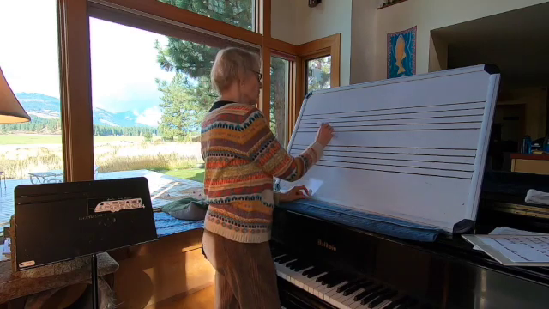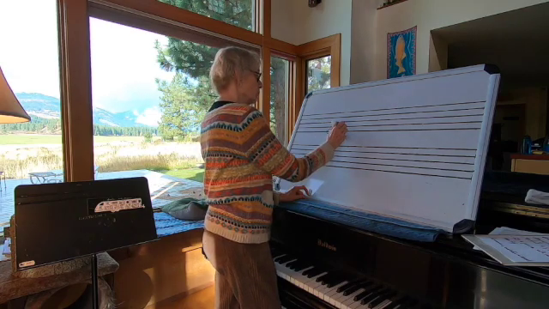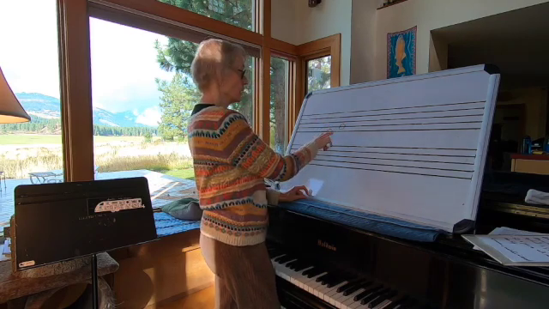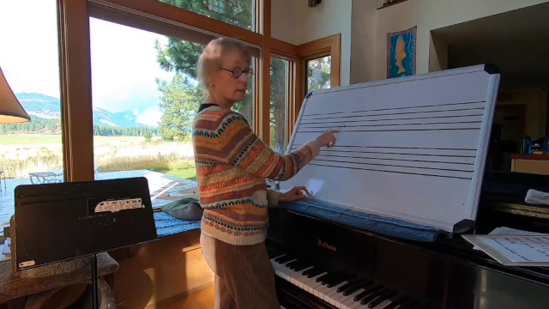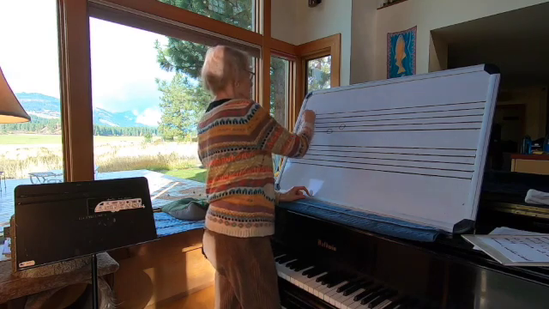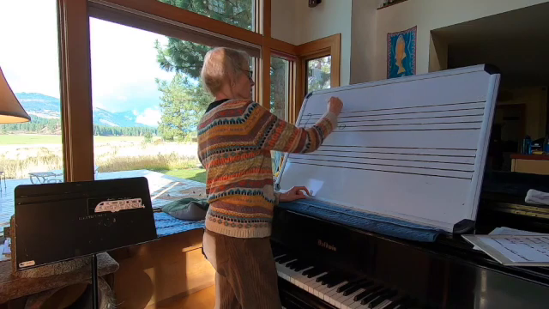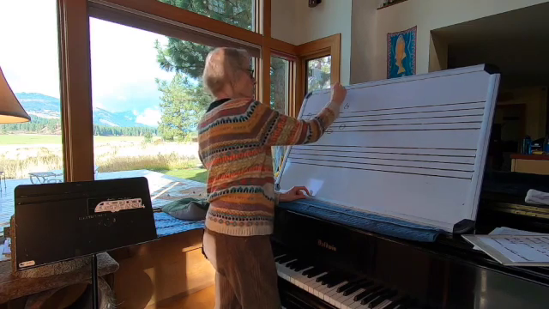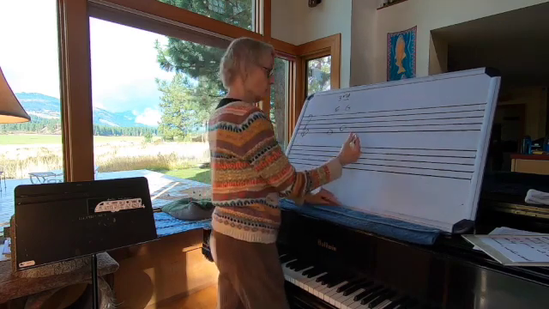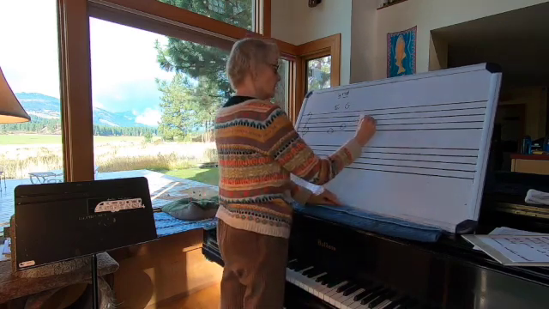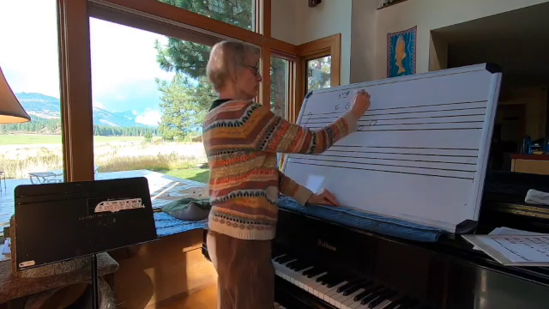So if we have line 1 and we have line 2, this is a third because it's line, space, line. In treble clef, it would be E, skip the F, and go to the G. So this is always a third. Line to line or space to space.